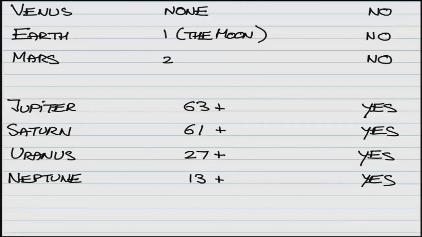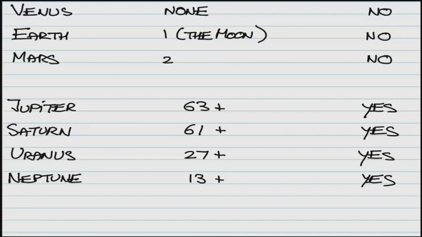So for now, this number is 63, but it will probably grow in the future as smaller and smaller satellites of Jupiter are discovered. The same with Saturn. Uranus also has a large number. Neptune has more than 10. All these numbers could likely grow in the future.